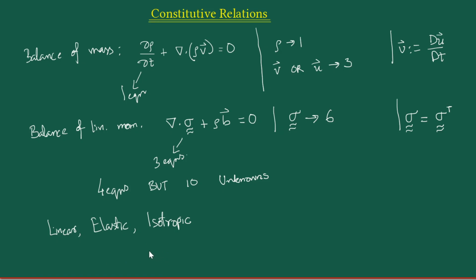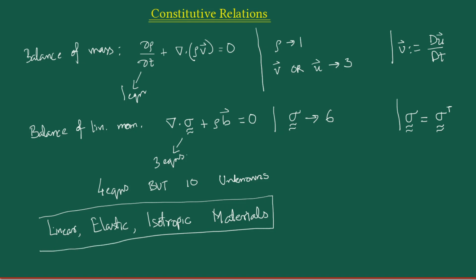We did not mention the word elastic there because we didn't need it there, but now we need it. So the kind of materials that we will be dealing with exclusively in our course of mechanics of solids will be linear, elastic, isotropic materials. Okay, so this is very important.